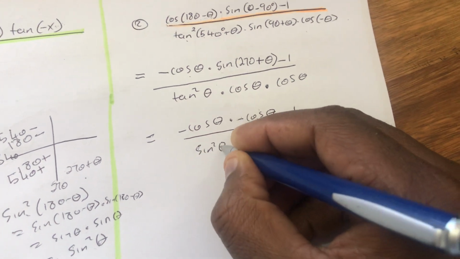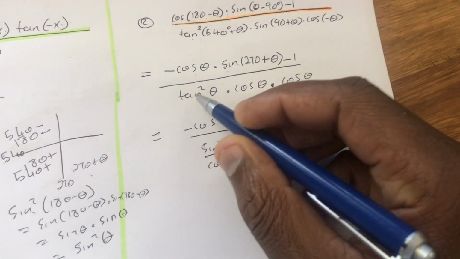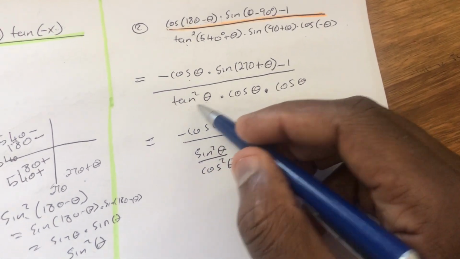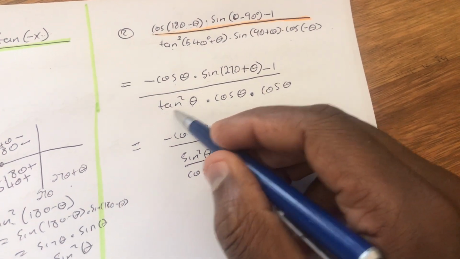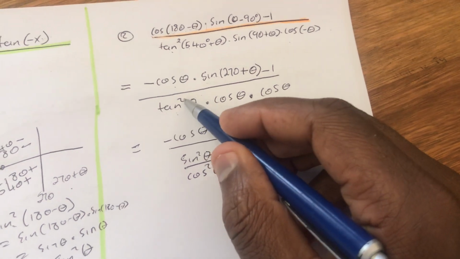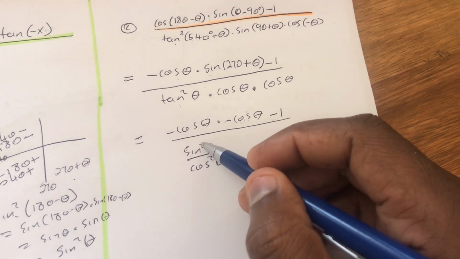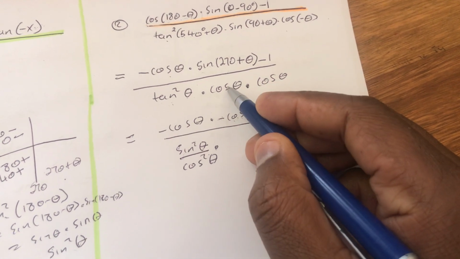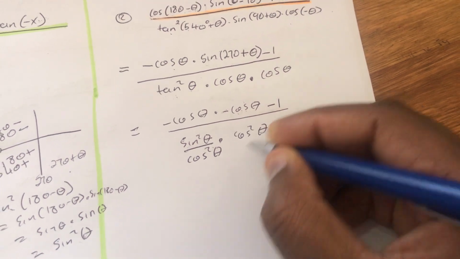sine squared theta divided by cos squared theta, because from the trig identities, tan theta is equal to sine theta divided by cos theta. So just because of this square here, you are going to have sine squared divided by cos squared, multiplied by the cos times cos, which is cos squared theta.